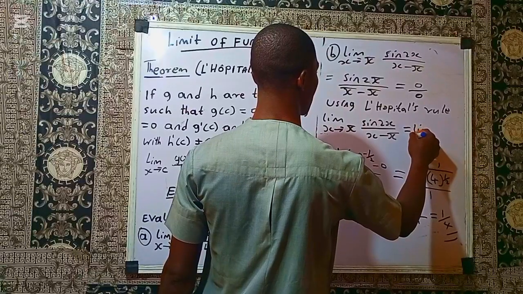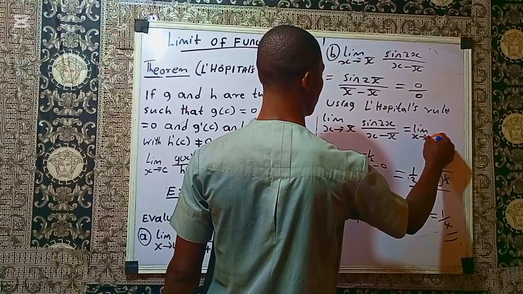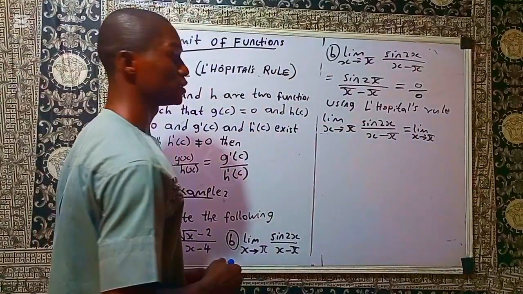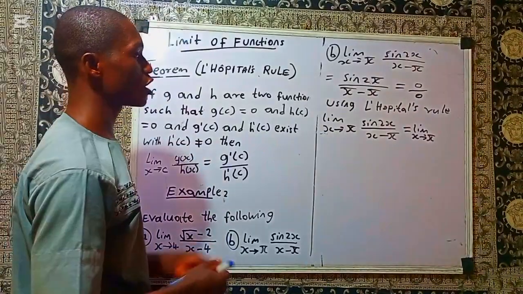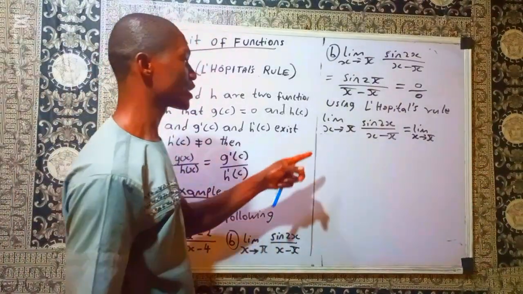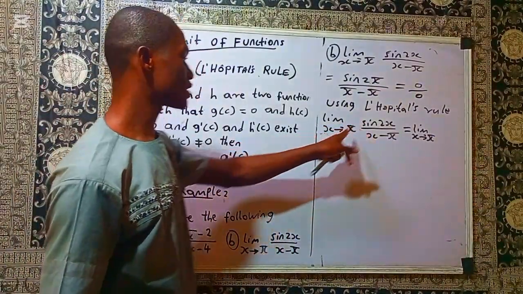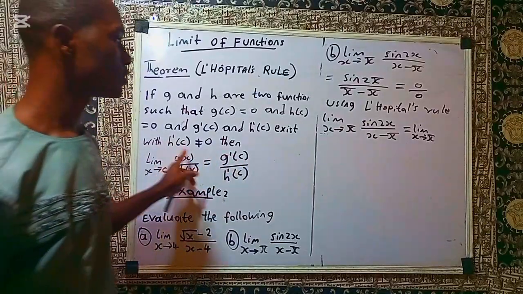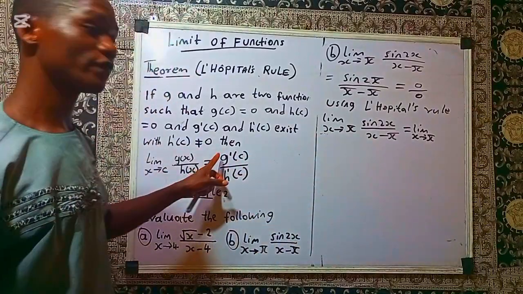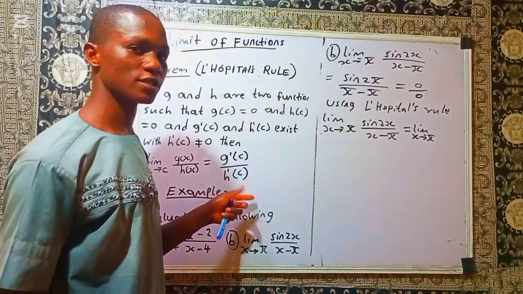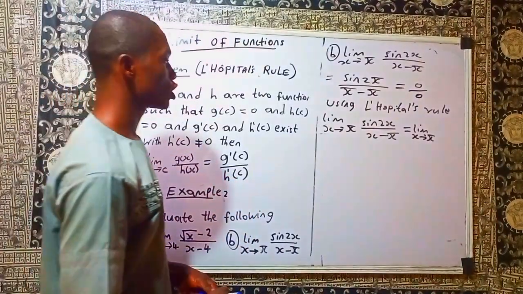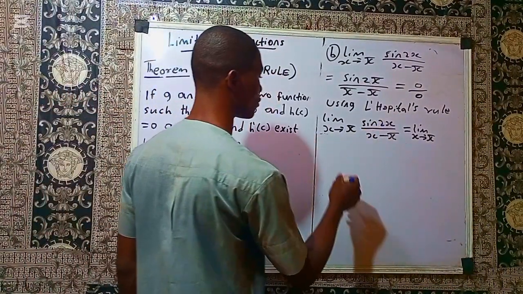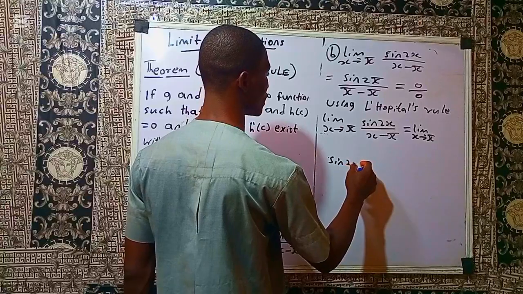limit as x goes to pi. Then, because we got 0 over 0, we are going to apply L'Hopital's rule. So the numerator is our g of x and the denominator is our h of x. We differentiate and substitute the point. That's what the theorem is saying. So if you differentiate this, we want to differentiate sine 2x.